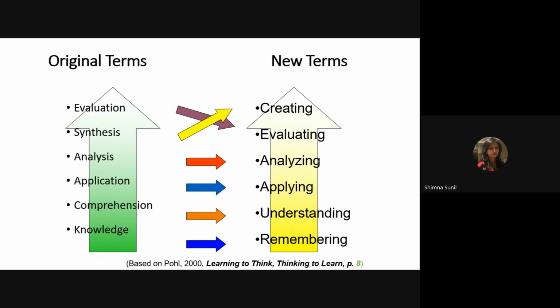Yes. So the noun form is an abstract noun form. When I say abstract, it's very unidimensional. It is very difficult to think in terms of what exactly is to be done in the classroom. If I have to think from a teacher's point of view, like knowledge, what to do in the classroom, what to do in comprehension, what to do in application.